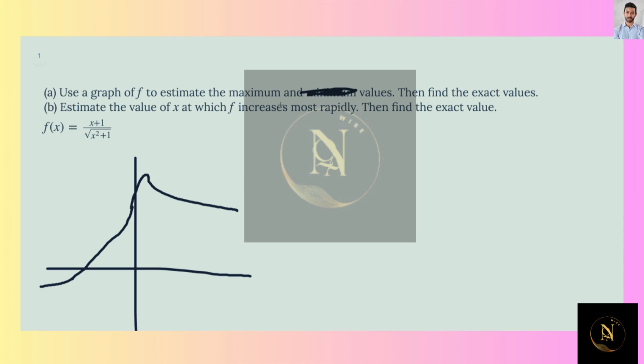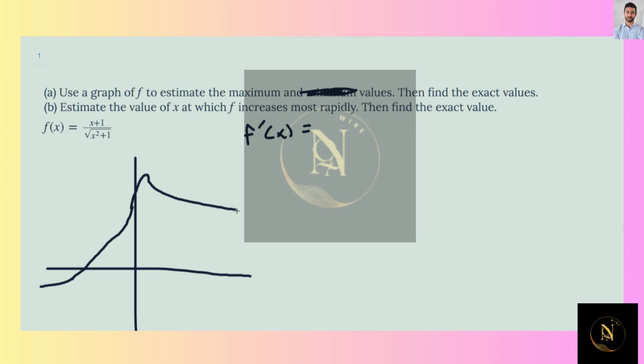What we first got to do is take the derivative. So we first find f prime. I'm so sorry, I'm rewriting it.